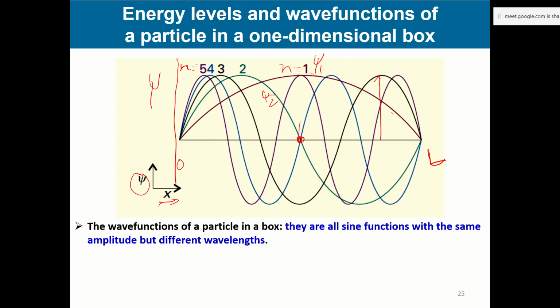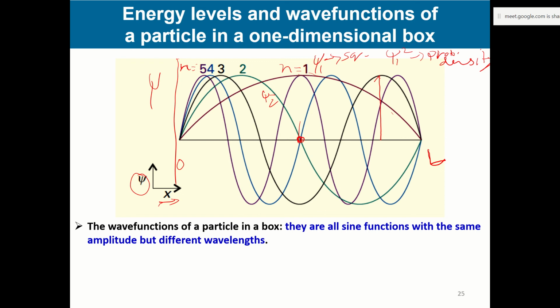But for psi 1 and psi 2, compare these two. Probability is the square of the amplitude. If you do the square of this, psi 1 square gives you the probability density.